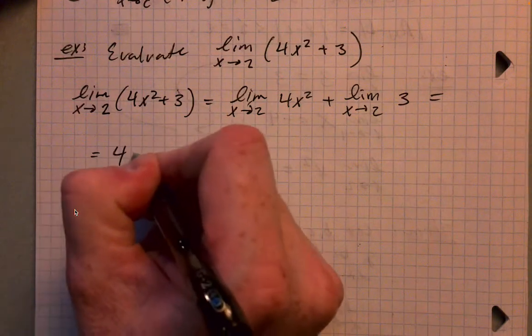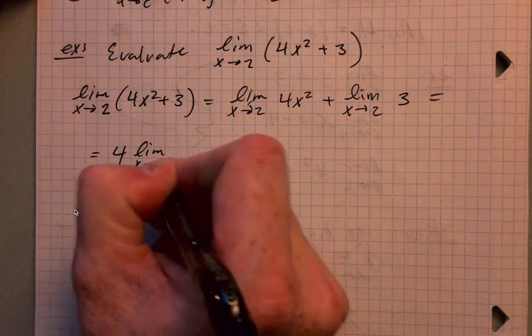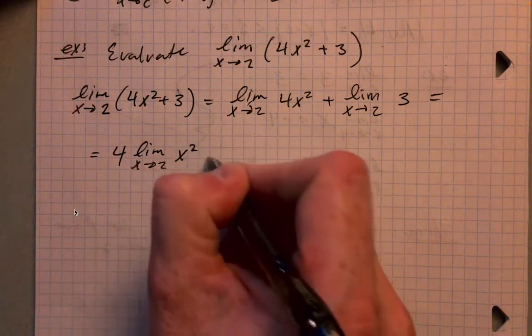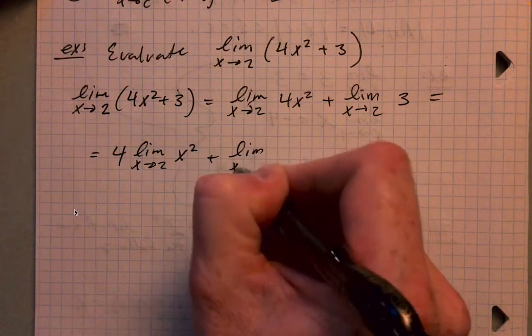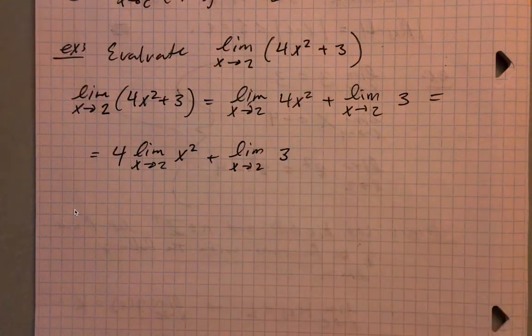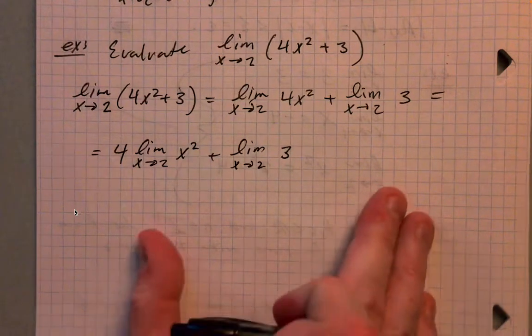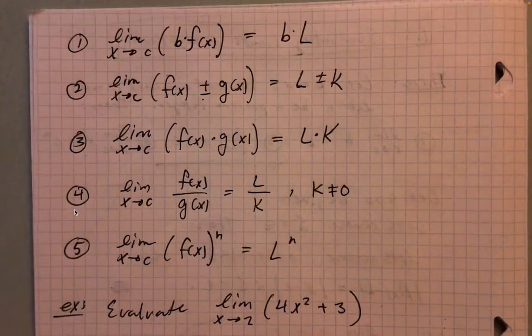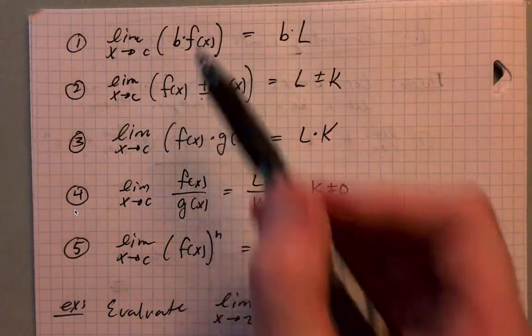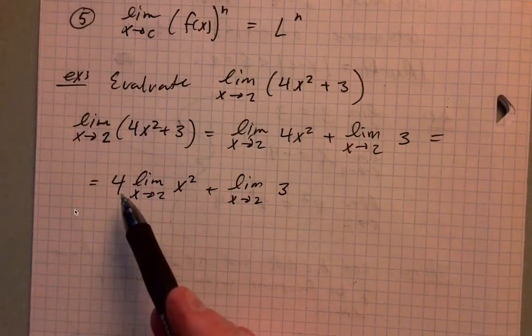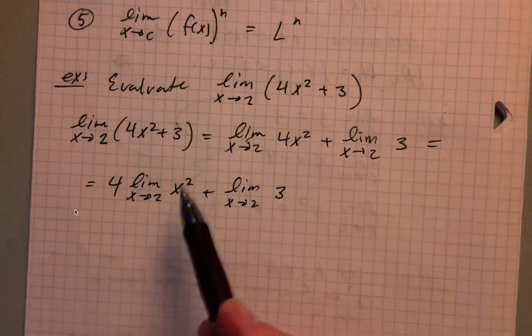So this would be 4 times the limit as x approaches 2 of x squared plus the limit as x approaches 2 of 3. The first piece here would be the consequence of item 1 up here, right? A constant times a function. So 4x squared would be 4 the constant, and the function is x squared, you pull it apart.